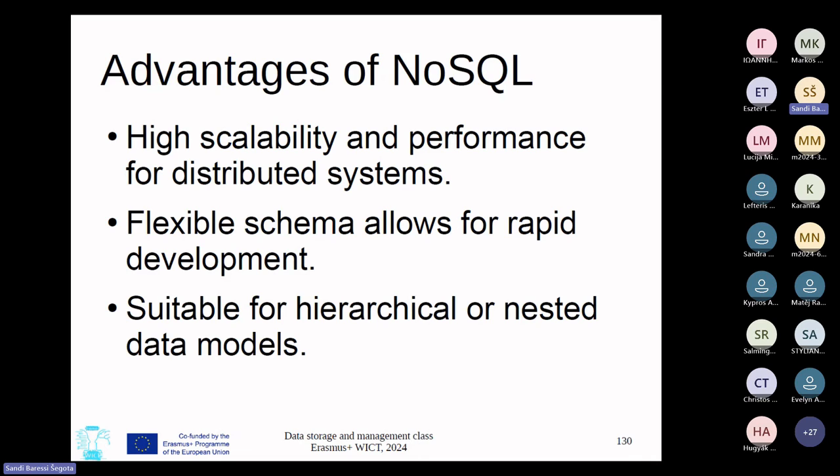It increases with n squared. So if you have 100 elements in a graph, you're going to have 10,000 data entries to describe that graph in a table. While if you have a graph by itself, with 100 entries, you have 100 entries. So yeah, it simplifies your life significantly.